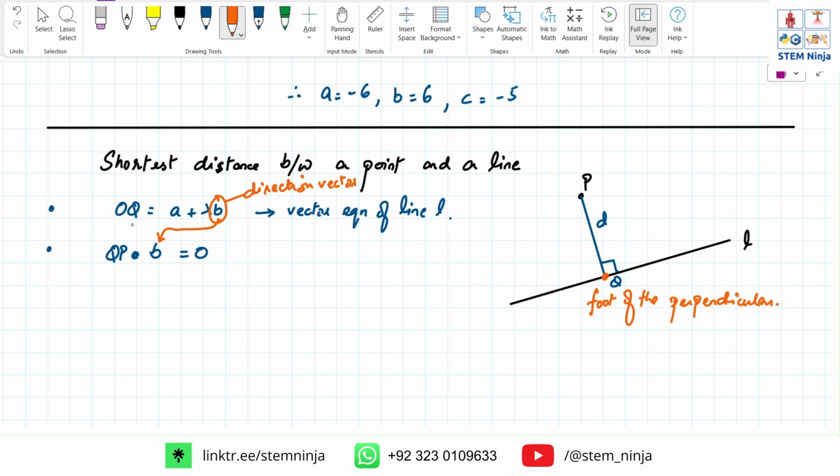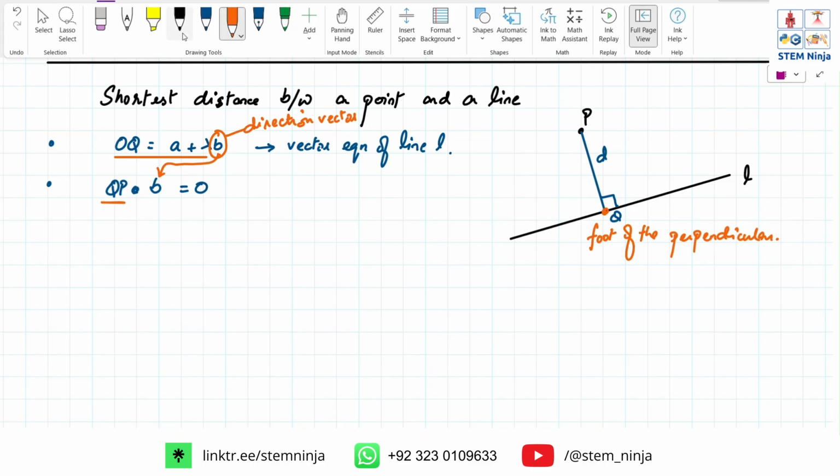So first we find an expression for OQ, use that for QP, which is OP minus OQ, and then take the scalar product with the direction vector of the line, and that would be equal to 0. That would be sufficient information for us to figure out the foot of the perpendicular or anything else also.